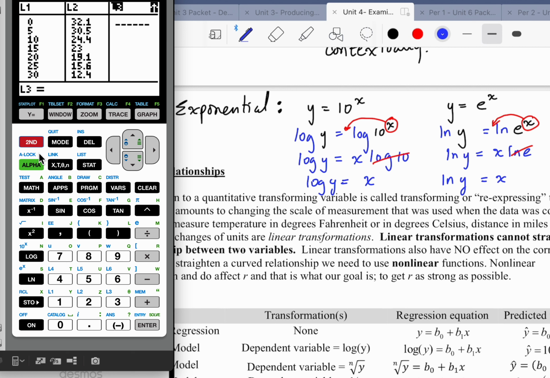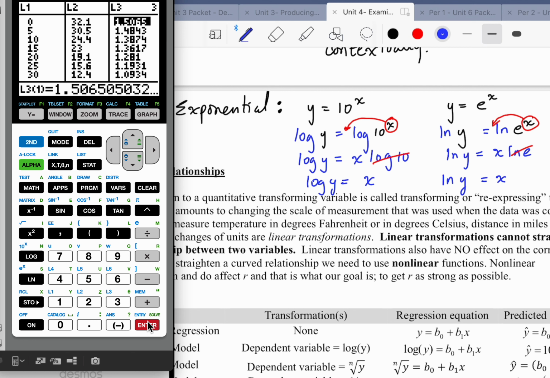X corresponds to the log of y, based off of these models. So I'll use the common log. Log of L2. So I just took the common log of every element in L2.